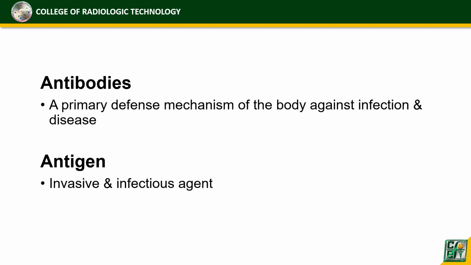Okay? So basically, yan ang pagkakaiba ng antibody sa antigen. Okay. So let us put it like this. Pag pumasok yung antigen sa katawan natin, the body, by virtue of its immune system, will produce antibodies.